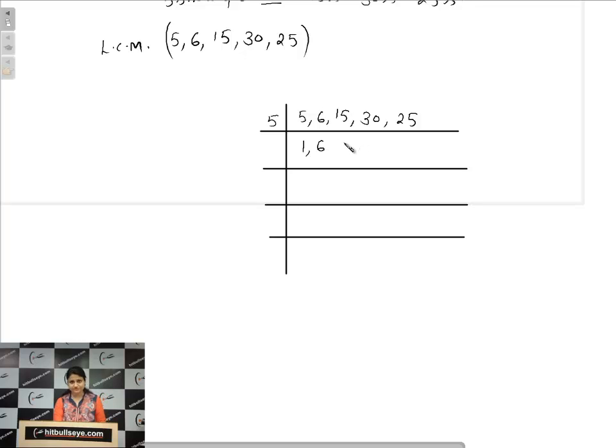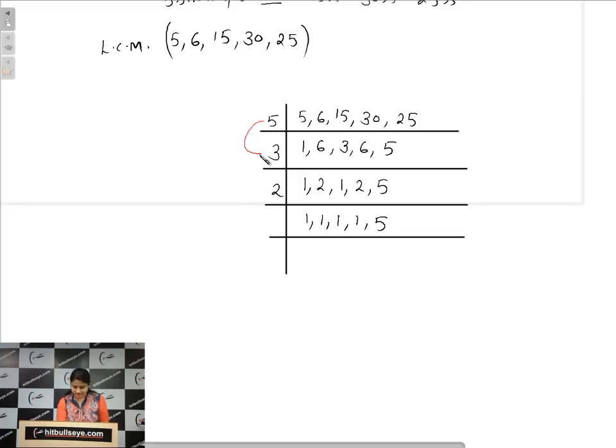Since 6 is not divisible by 5, so I'm writing 6 as it is. Now taking 3 as the divisor. Since we are unable to find a number which is dividing at least 2 numbers, so we will stop here.